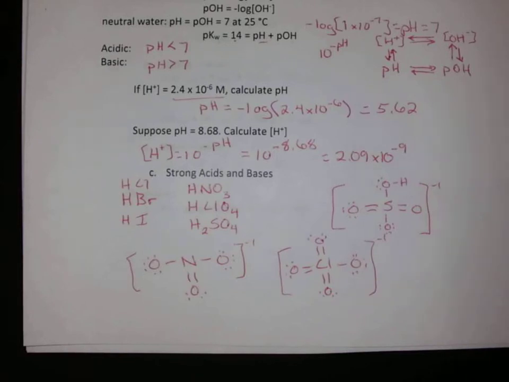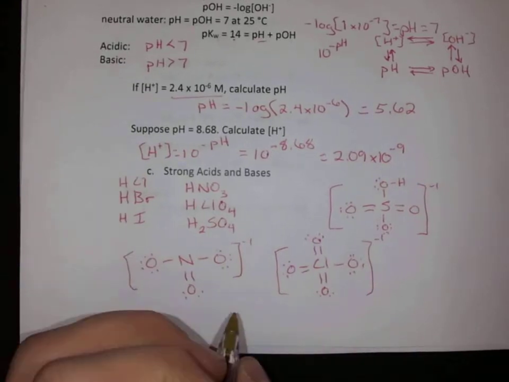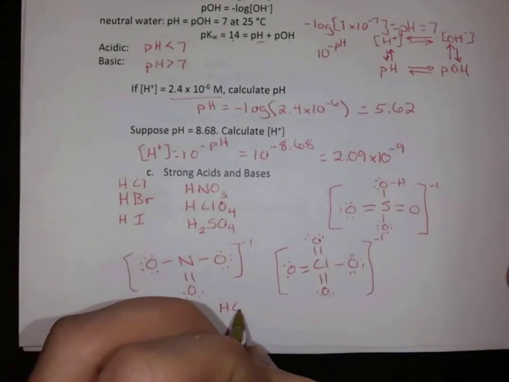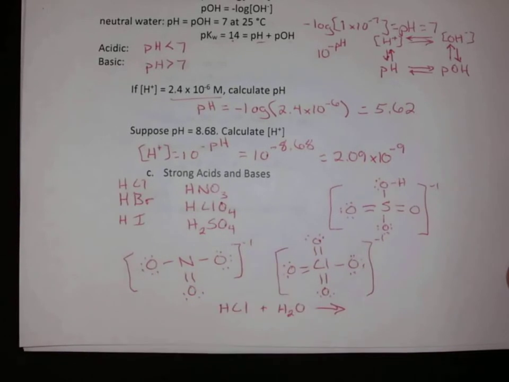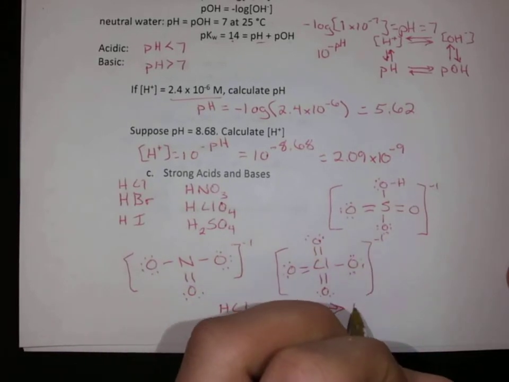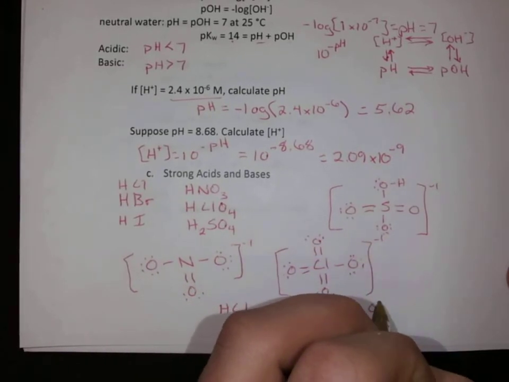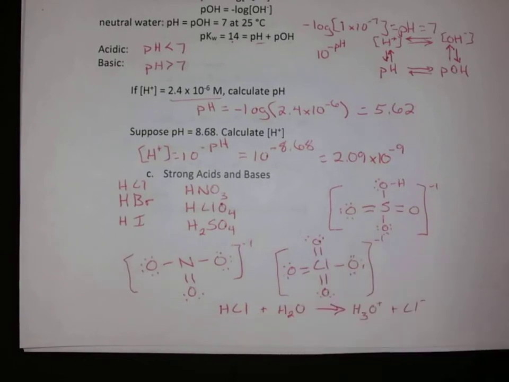So that means that if we were to write out our reaction, when they dissociate in water, they're completely favoring that dissociation. So we would write out that HCl plus H2O goes completely, essentially, over to H3O plus and Cl minus, okay? So those are our strong acids.